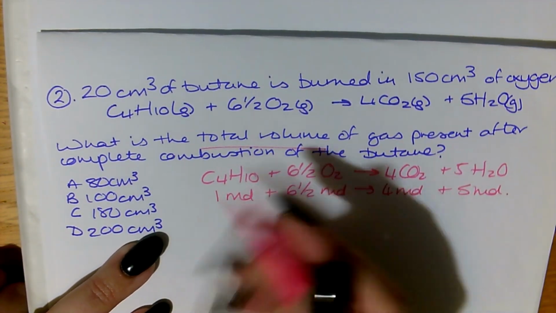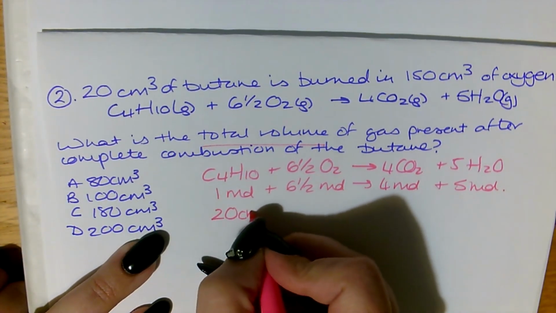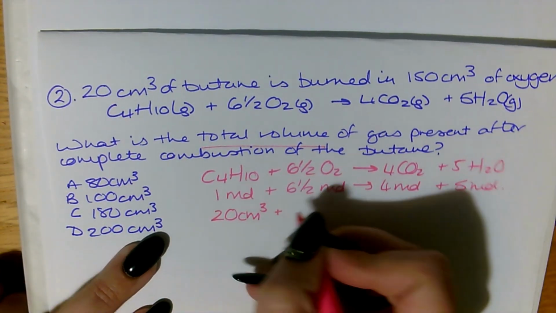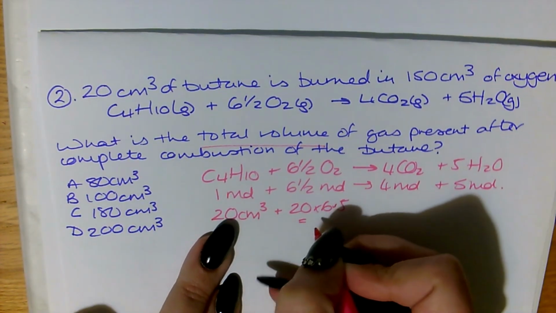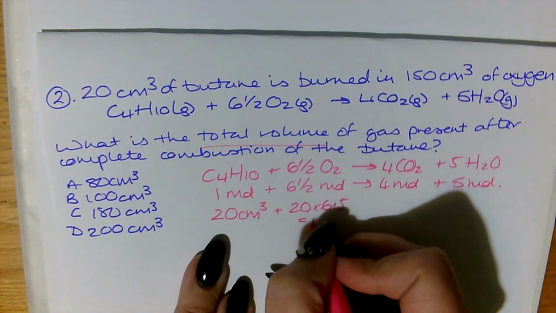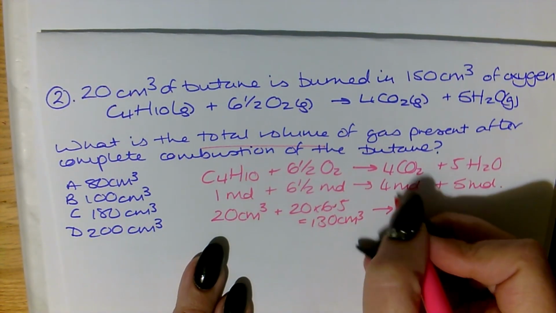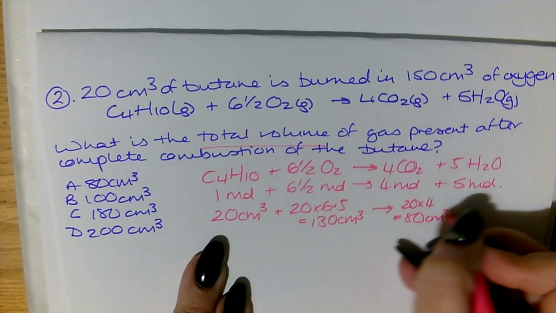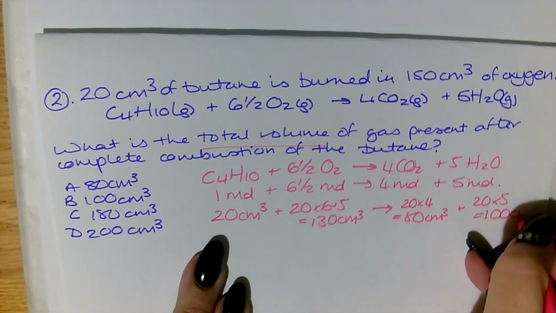Okay, so in the question it tells me that I'm using 20 centimetres cubed of butane, and we're using that figure to work out the ratios for all the others. So we have 20 times 6.5 to work out our volume of oxygen that we're actually using, so that's 130 centimetres cubed, and then 20 times 4 gives us 80 centimetres cubed, and 20 times 5, which gives us 100 centimetres cubed.